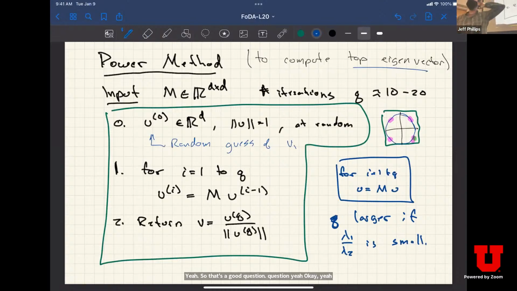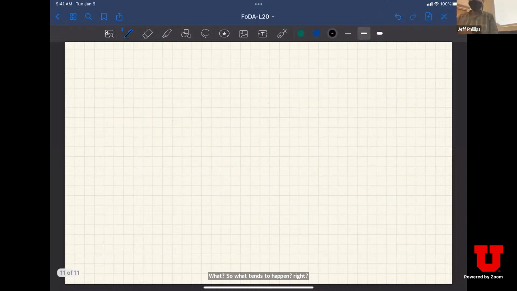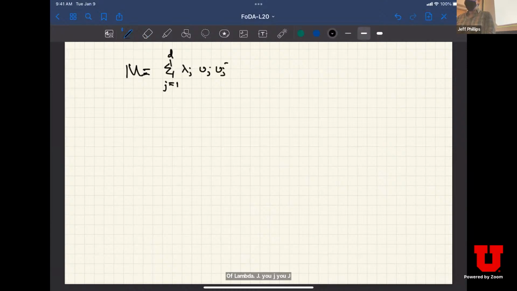Okay, so that's the whole algorithm. You just multiply your guess by M, and then you update the guess. I'm not going to have time to go through the full proof here, but if you remember, I can write M as the sum of j equals 1 to d of lambda j u j u j transpose.